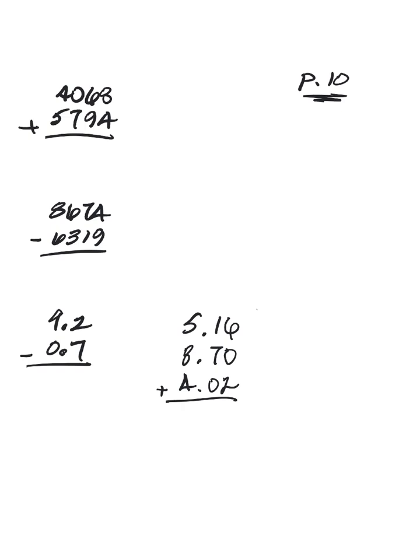Let's look at this first one here. We've got 4,068 and we're adding 5,794. Key thing when you're doing addition and subtraction is that the numbers have to line up from right to left.